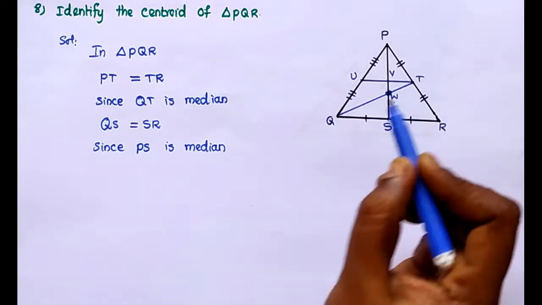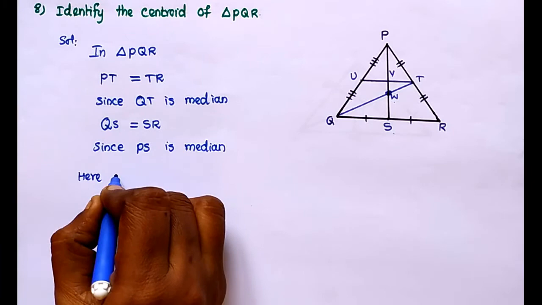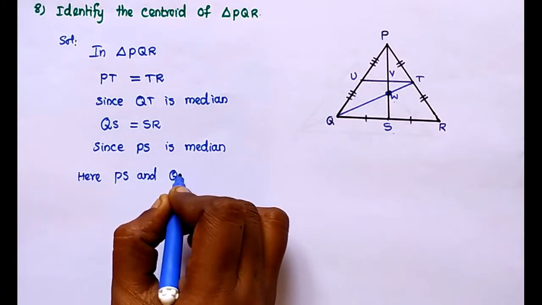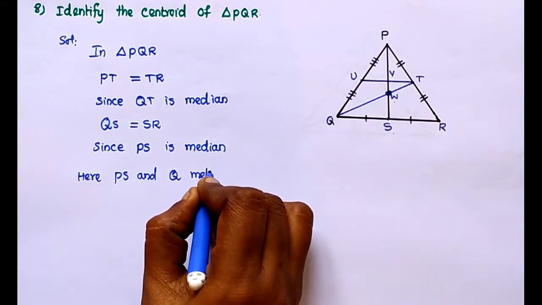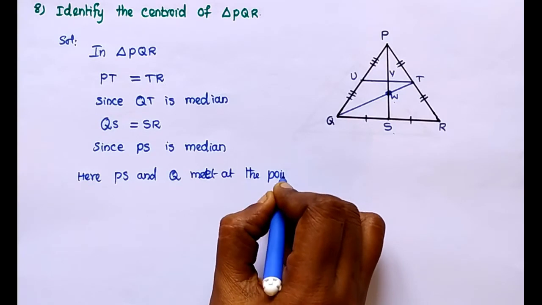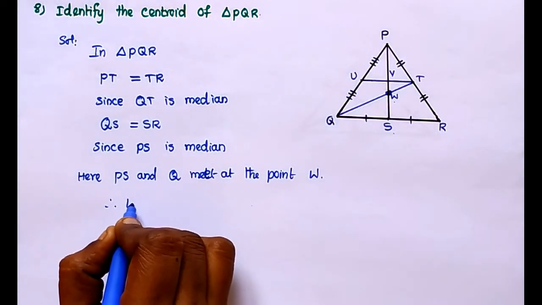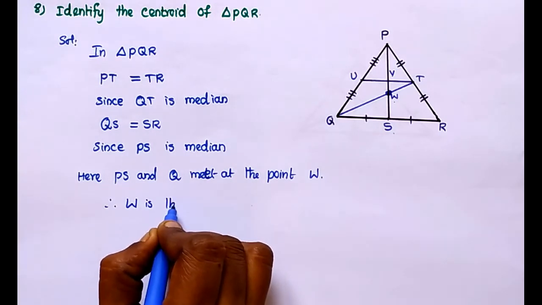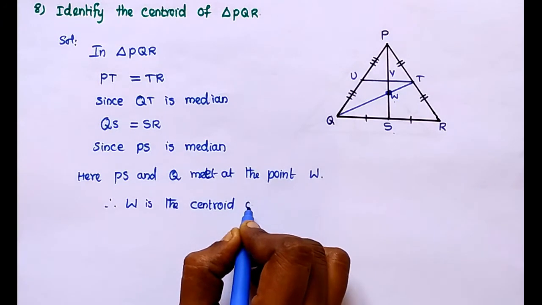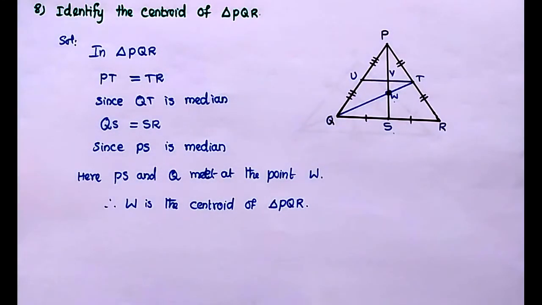Which one? W. Here PS and QT meet at the point W. Therefore, W is the centroid of triangle PQR. That is the answer.